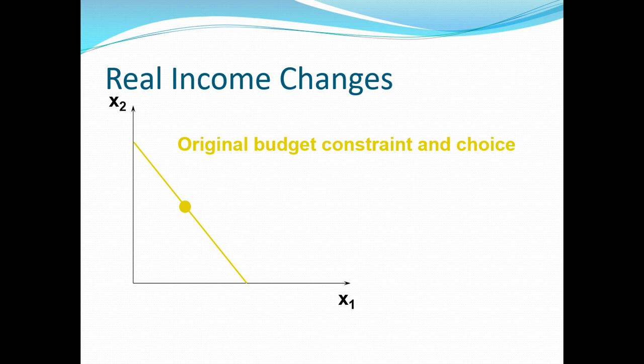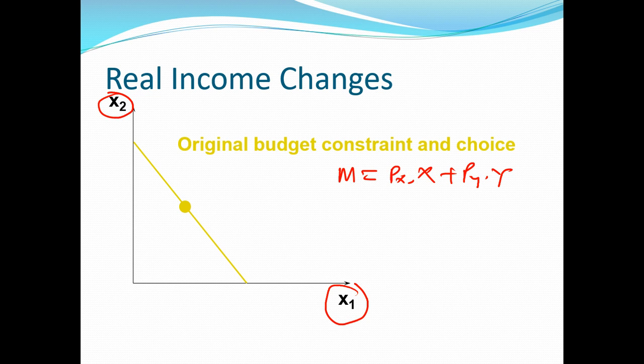So if x1 is on the x-axis and x2 is on the y-axis, then there is a budget line somewhere. This budget constraint will help this guy know how many units of good X and good Y he or she can consume at maximum.